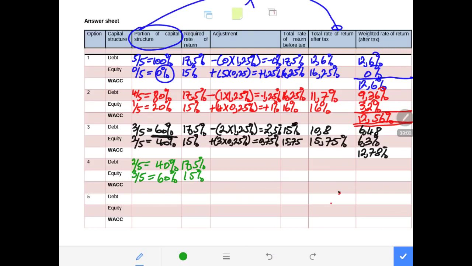And remember, for every 75,000 that is not taken in the bank, the interest of the bank will decrease. So now we need to make an adjustment. This will be a decrease of how many? There will be 3 of them that will be taken through equity. And that 3 will be multiplied by 1.25%.